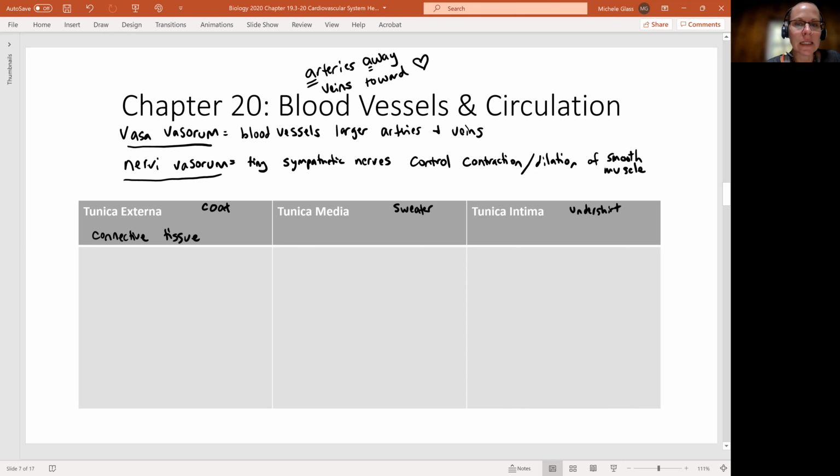Tunica media, this is the smooth muscle layer. So when we do talk about constriction and dilation of vessels, we're talking about manipulating or changing the activity of this layer here. And then your tunica intima, which is like our undershirt, right?